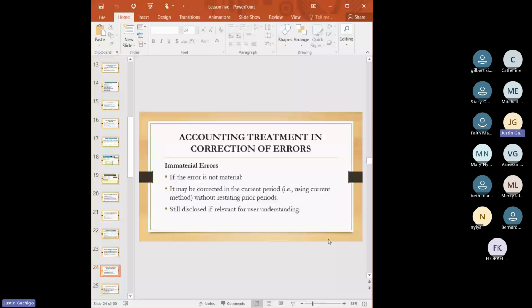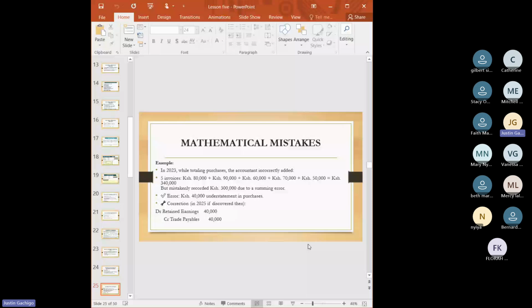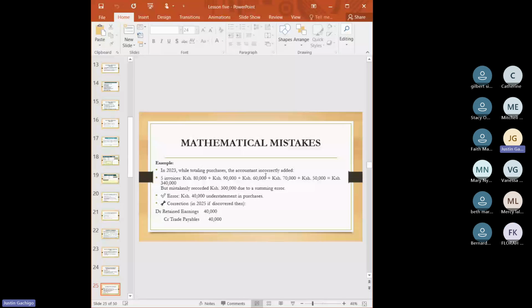Now, for the mathematical mistake example, in 2023, while totaling purchases, the accountant incorrectly added all this. If you add this, you're going to get 340, but the accountant recorded this as 300 due to a summing error.